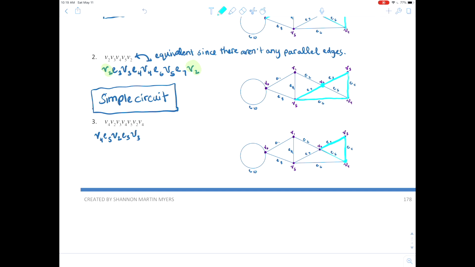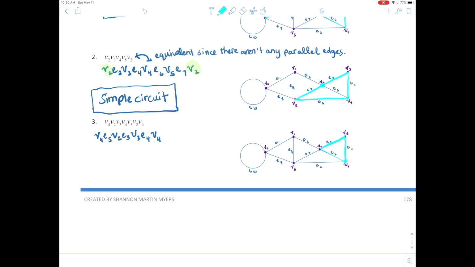V4 is going to repeat not only first and last, do you see, but within the closed walk. So we're going to have a repeated vertex other than first and last. Just keep that in mind. So we went V3, E4, V4.